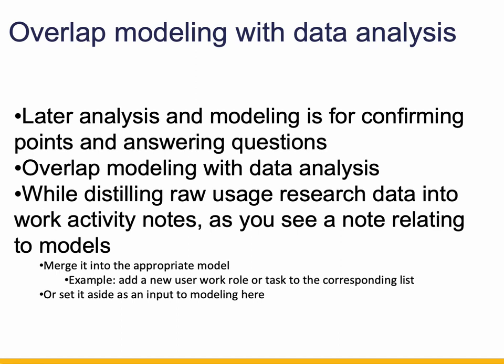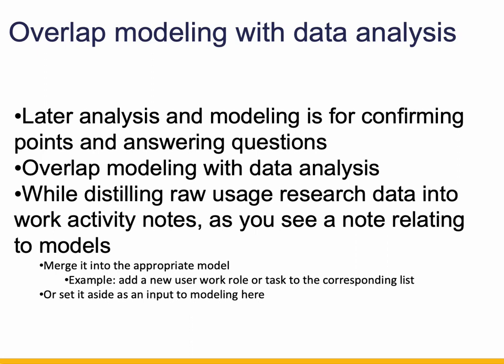So I like this line here. While distilling raw usage research data into work activity notes, as you see a note relating to models, merge them into the appropriate models. I can do this digitally. You'll see it a lot in the book and videos if you YouTube it, where people have posted notes to just move them around. Well, we can do the same thing with Axure. So you merge it into the appropriate model, basically if data analysis tells you to.